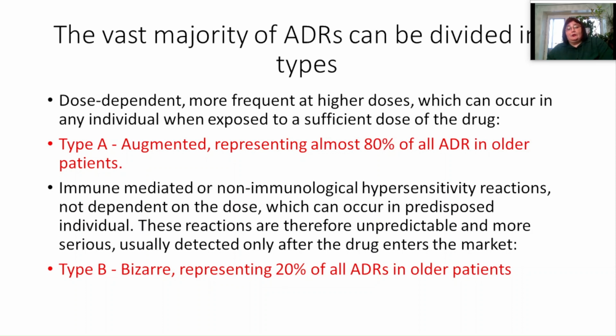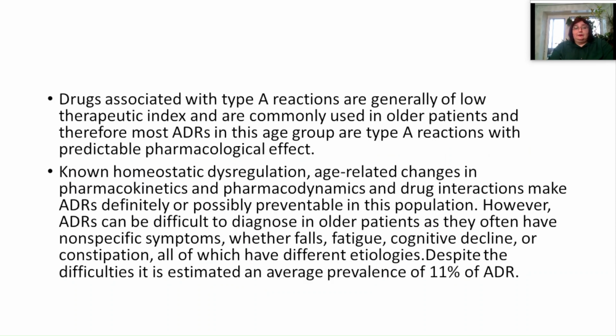Type A, augmented, represents 80% of all cases. Type B is an immune-mediated or non-immunological hypersensitivity reaction, not dependent on the dose, and can occur in predisposed individuals. These reactions are therefore unpredictable and more serious, usually detected only after the drug enters the market. Type B, bizarre, represents 20% of all adverse reactions in older persons.